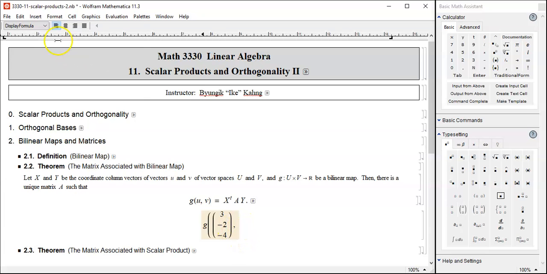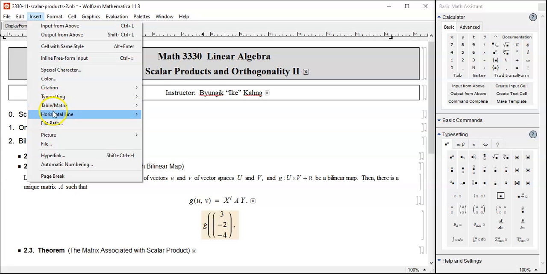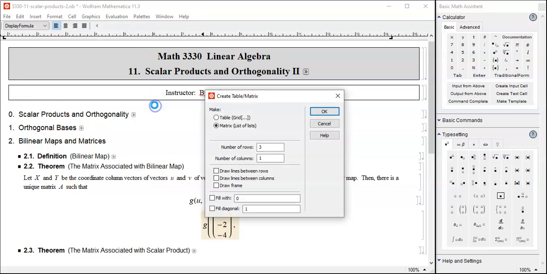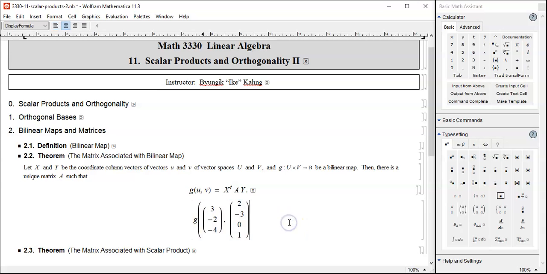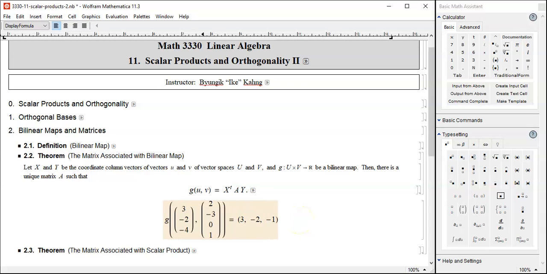And then, okay, 2, -3, 0, 1. Okay, all right. This kind of bilinear map, 3, -2, -4, and then this.